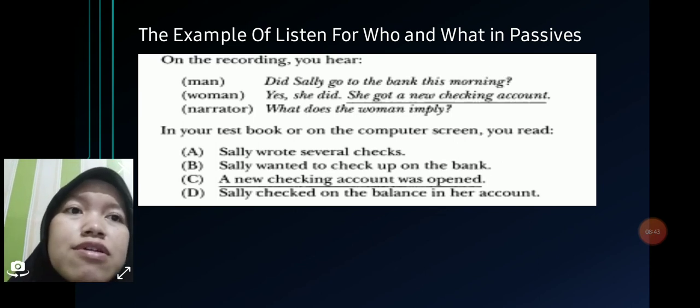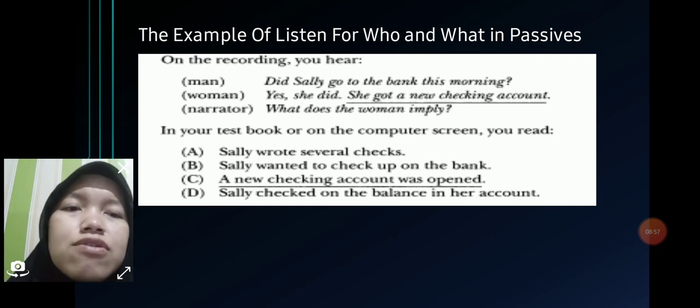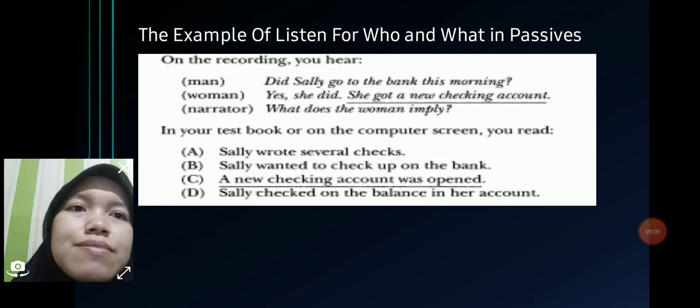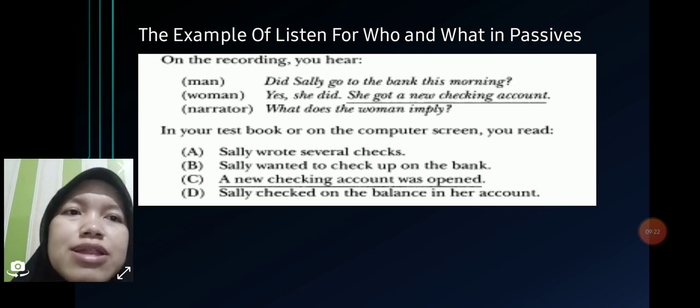So the answer is passive, because the sentence in the recording is in active form, and in the answers you have to check for the one that consists of a passive form. What is the passive form of this sentence? Okay, "A new checking account was opened," like that.